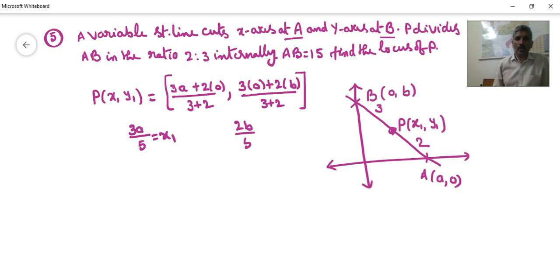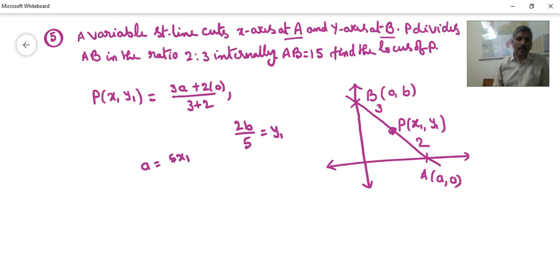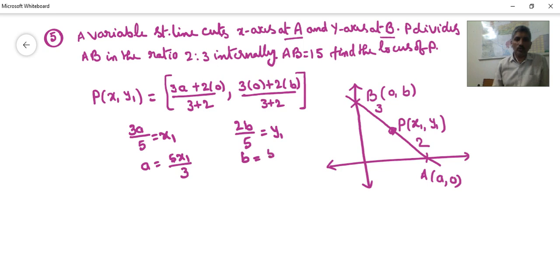Again we can write 2b by 5 is equal to y1. Therefore we are getting a is equal to 5x1 divided by 3 and b is equal to 5y1 divided by 2.